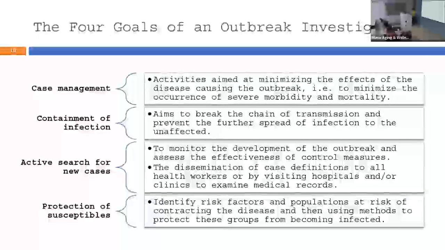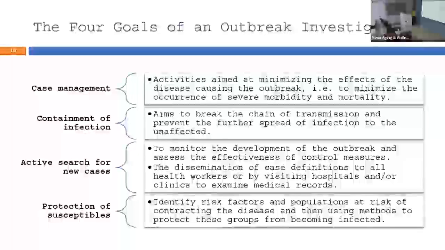For case management, if a person has the disease, then we want to prevent severe disease and definitely to prevent serious morbidity or prevent mortality. So we're looking at how we're going to treat them. We're looking at hospital isolation areas, looking at getting more of the medication, having those things available.